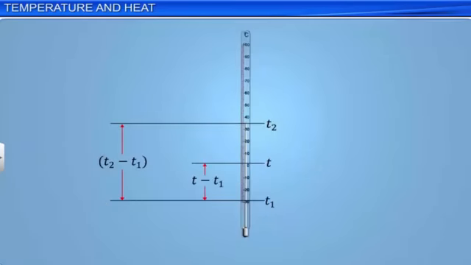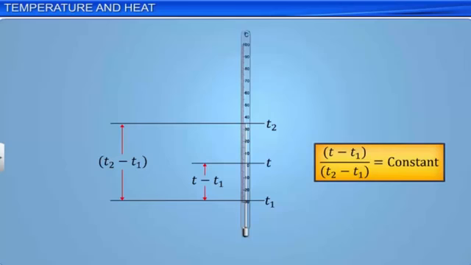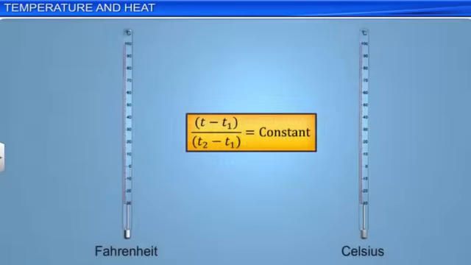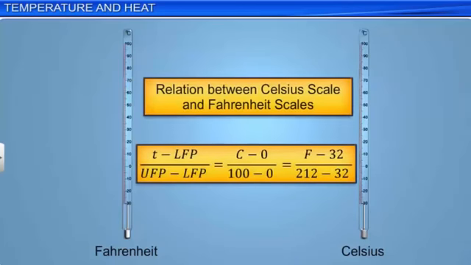For any temperature scale, the ratio (T minus T1) by (T2 minus T1) is constant. This can be used to find relationships among different temperature scales. The relation between Celsius scale and Fahrenheit scales of temperature can be as shown.